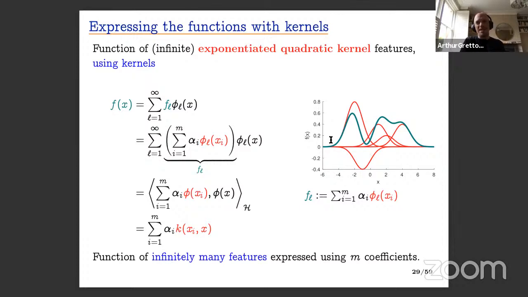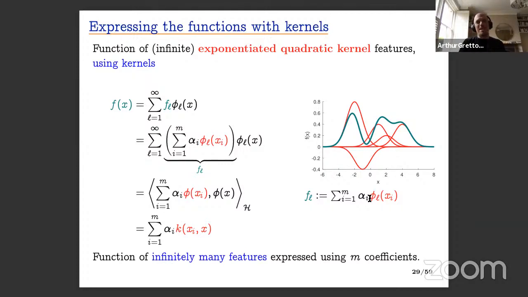So here on the right, I've done an illustration of this. You can see these red bumps. These are my kernels, and they're centered at these points x_i, and I've given each of these red bumps a weight alpha_i. So these are my kernel functions. Not all functions in my infinite feature space can be expressed as sums of m kernels, but some functions can.